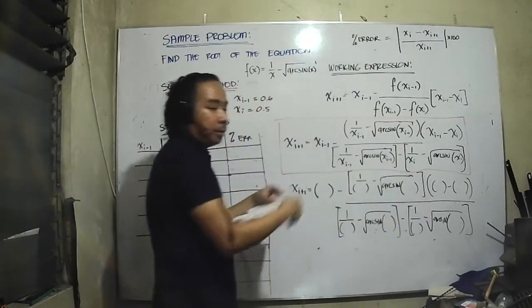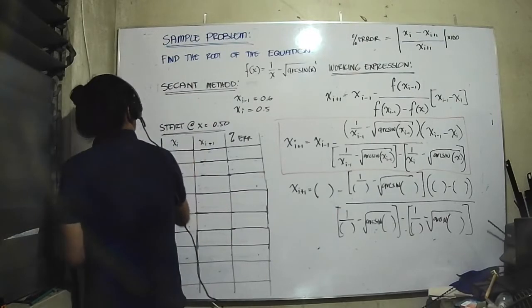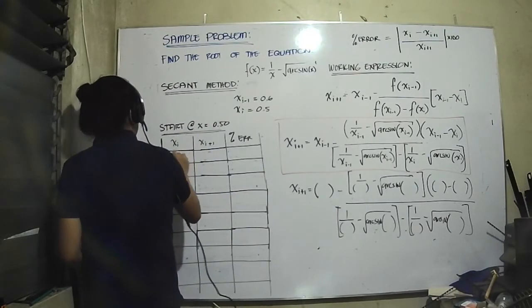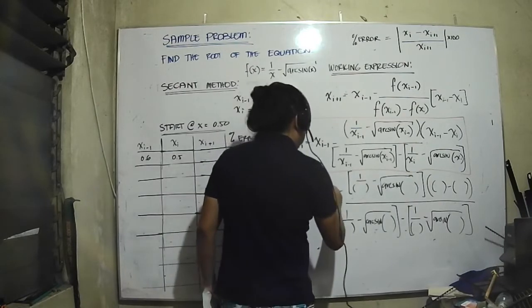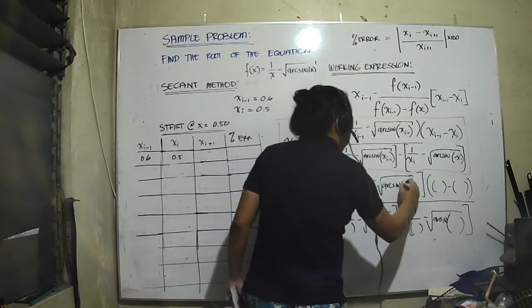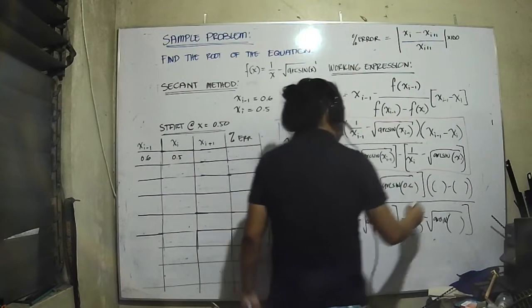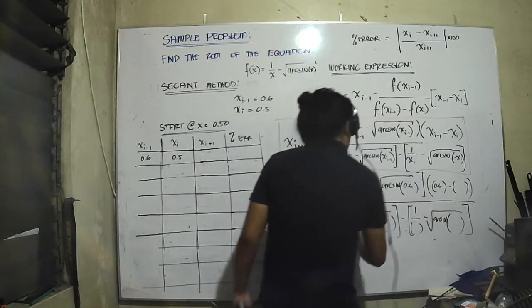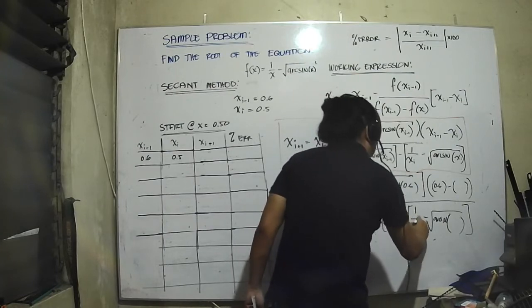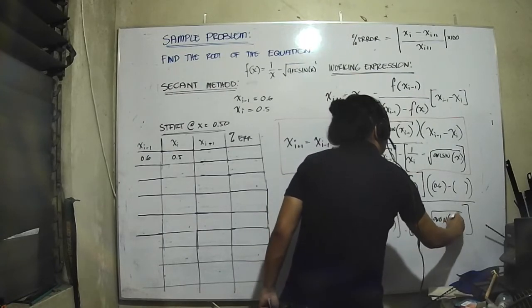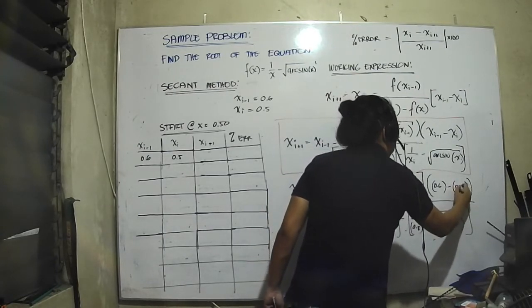Now, if I go through this, start at 0.6 and 0.5. If I were to input that here, 0.6, 0.6, 0.6, 0.6, 0.5, 0.5, and 0.5.